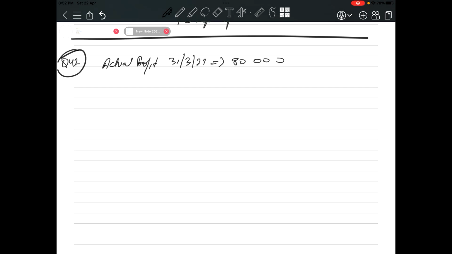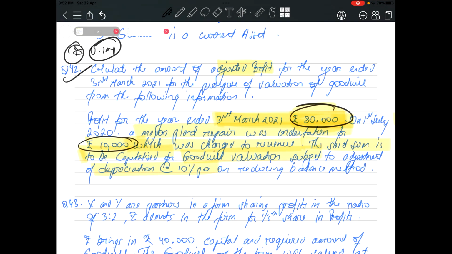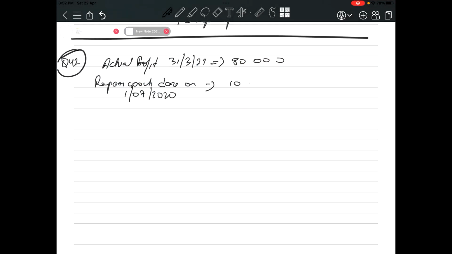Now repair work done on 1/07/2020. Yes, 1 July 2020. How much amount? 10,000. From this we can say that they are following the financial year.